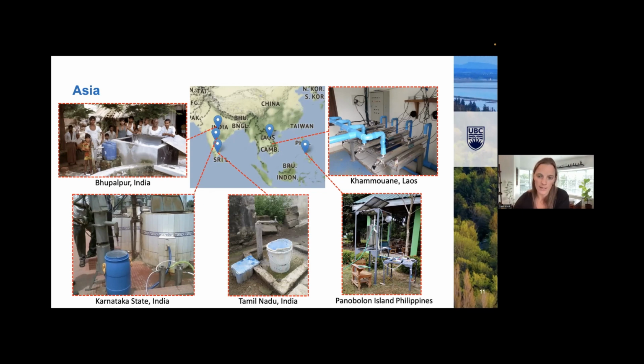What was unique to this one is that they weren't just monitoring E. coli. A lot of the systems and a lot of the water quality monitoring only monitor E. coli as a water quality indicator. Here they also did DNA sequencing to figure out what other organisms of concern there are. One that did show up was Shigella. And this one's been published if you're interested in learning more about it.